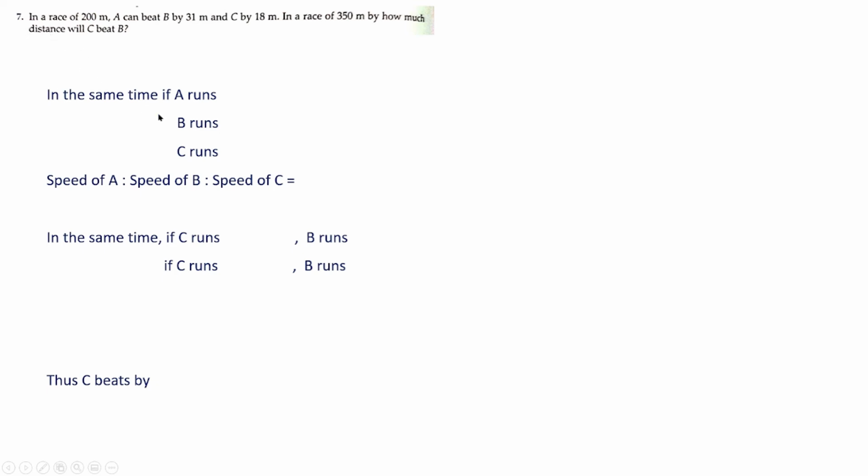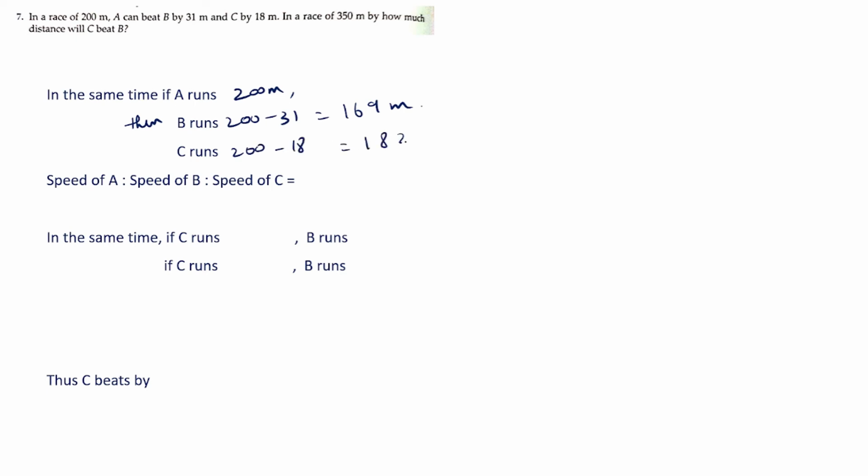So here in the same time, if A runs 200 meter, then it is given A can beat B by 31 meters. It means B runs 200 minus 31, so it is 169 meter. And A can beat C by 18 meters, so C runs 200 minus 18.